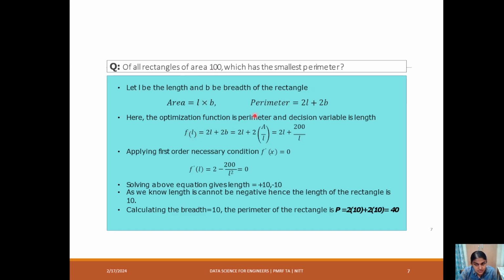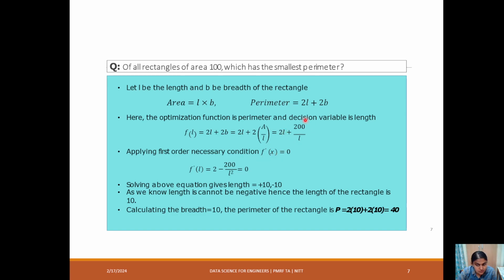So f of L we can give as 2 into L plus 2 into B. Since we have taken the decision variable as length, we will take B equal to A by L. So you will get 2L plus 2 into A by L. Then you can apply the first order condition.